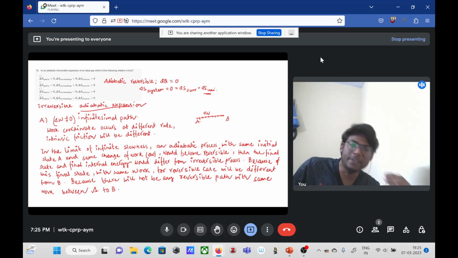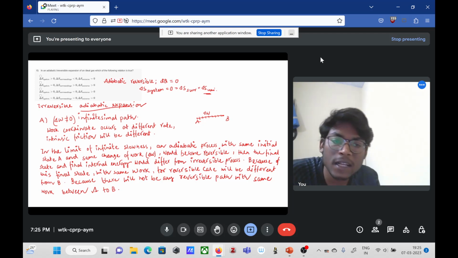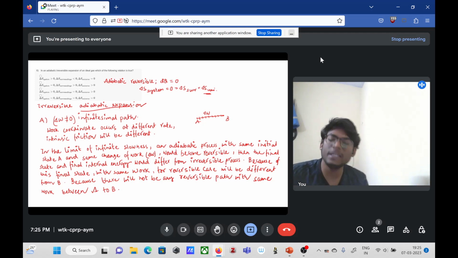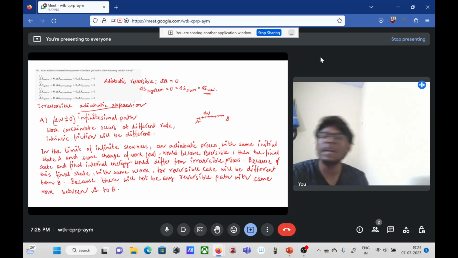And if that happens, then the final state and the final internal energy should be different, because in the irreversible path there is dissipation. In the reversible path there is no dissipation. If there is dissipation, we cannot get back the same thing again.